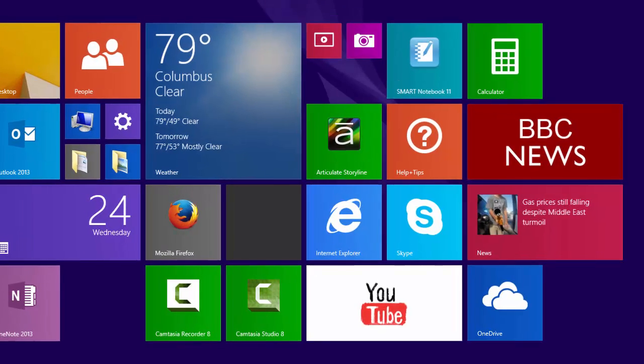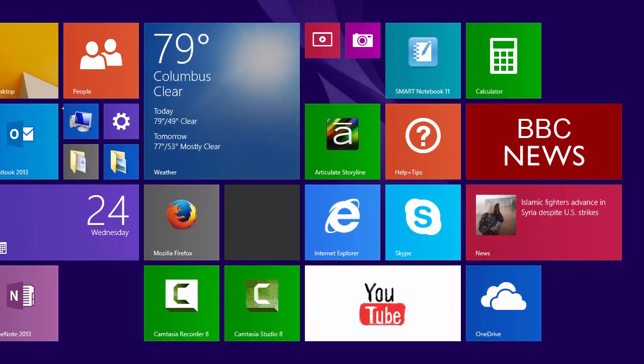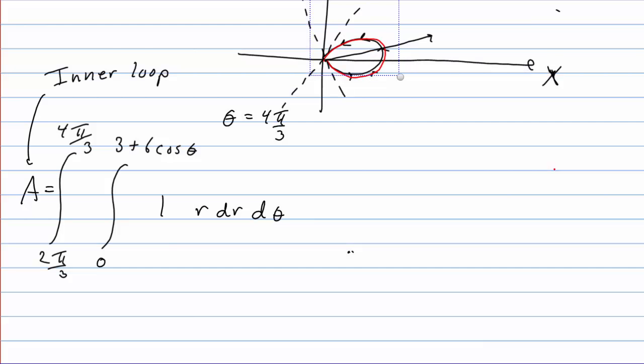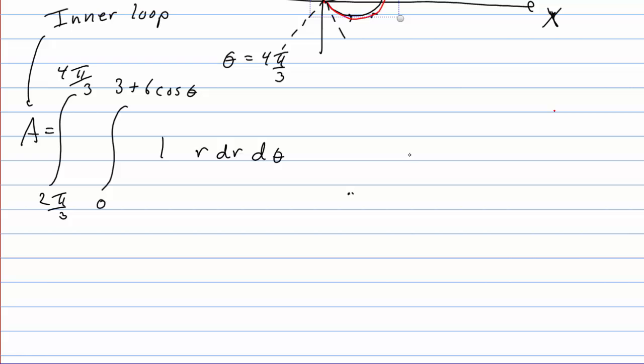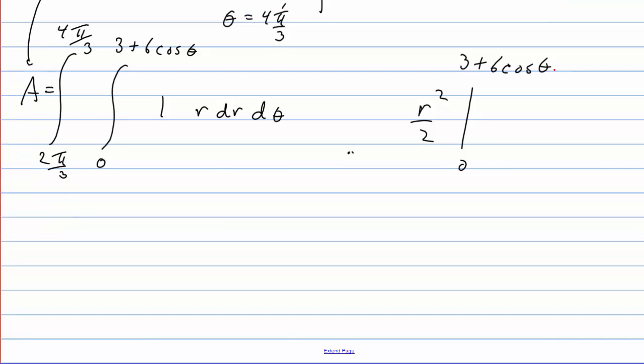So it's going to be a very similar type of calculation to what we did. Namely, we integrate with respect to r, we get r squared over 2 from 0 to 3 plus 6 cosine theta. So we'll have 1/2 times 3 plus 6 cosine theta, quantity squared.